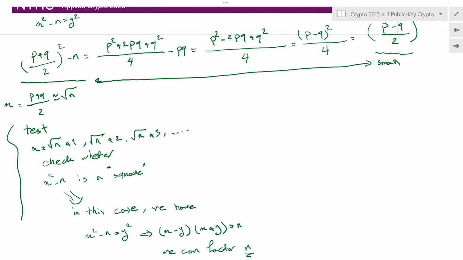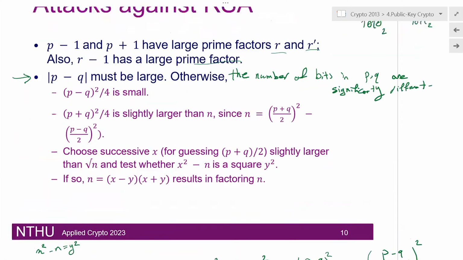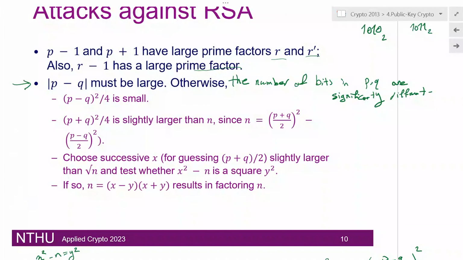And if that is the case, then we already have enough information to factor the integer n. So this is the last thing that we wanted to discuss about RSA. You see that if p and q are not carefully chosen, even though factorization is hard, we never said that factorization is always hard.